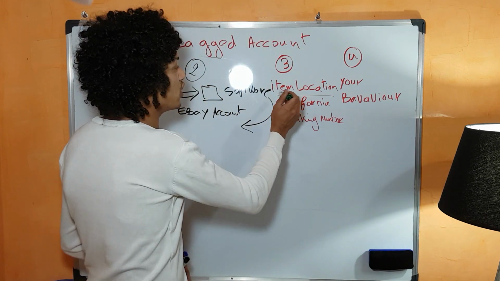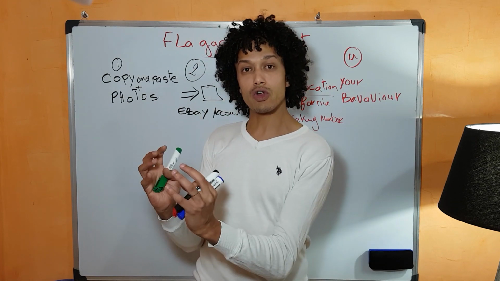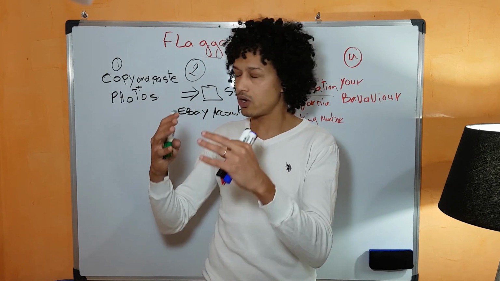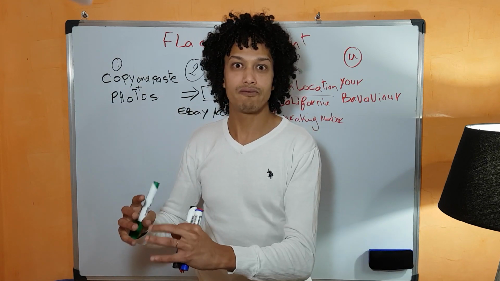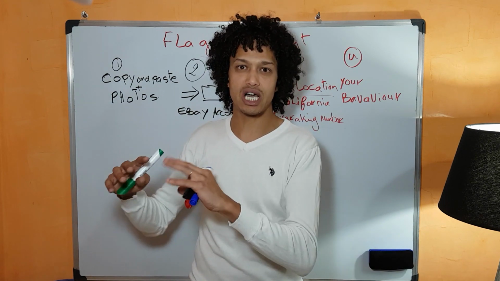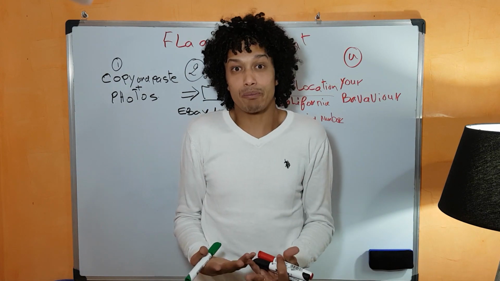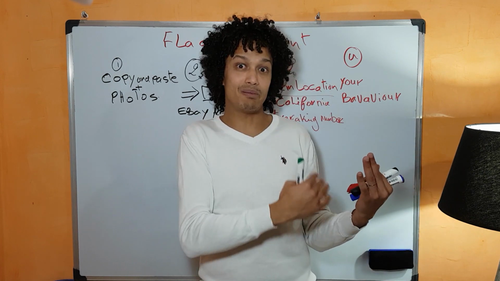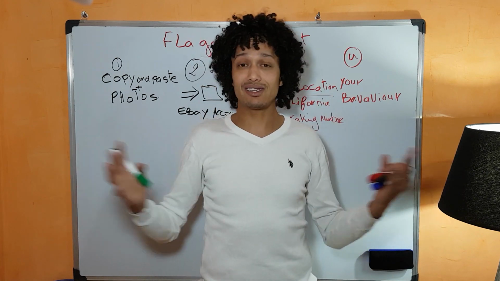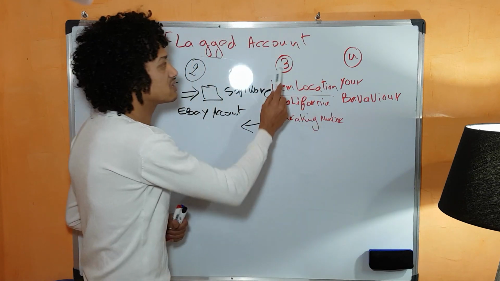The 3rd one is item location, the location that you put in your description or your listing. You fill it up, California or Las Vegas or Chicago or Ohio, and it has nothing to do with the location that Amazon shipped the product from. eBay finds out and realizes that the tracking number you upload is not matching. So item location is the 3rd problem.